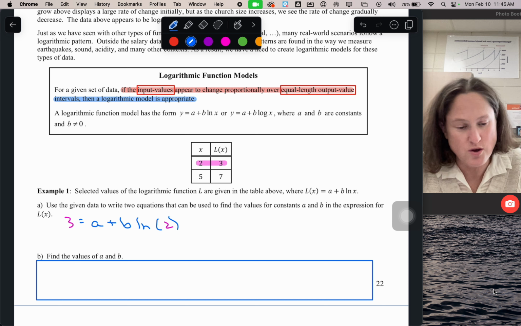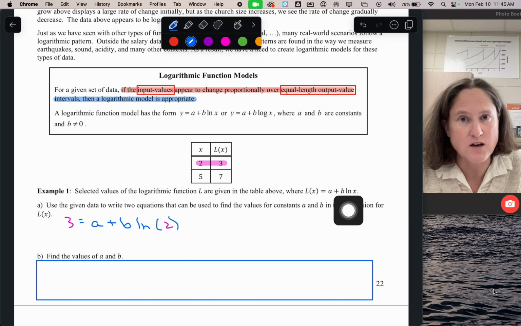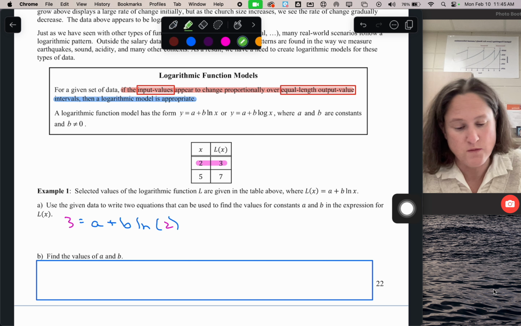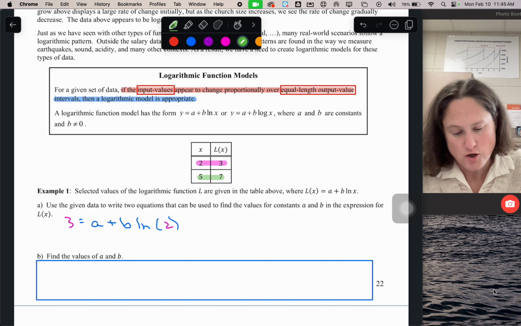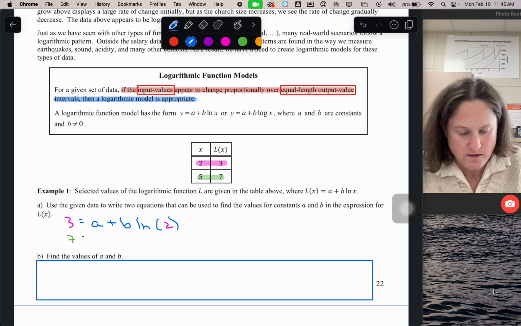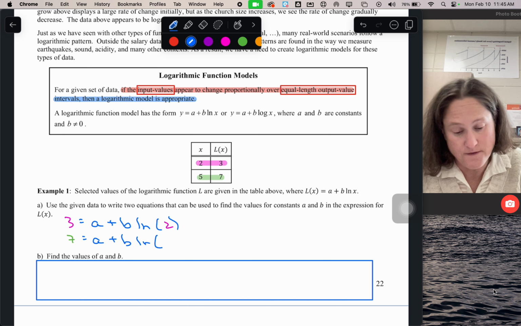I'm just taking those 2 values and plugging them into the equation for the input x and the output L of x. Now I'm going to do the exact same thing with my other input-output combo, which is 5 and 7. When L of x is 7, that's equal to a plus b times the natural log of 5.